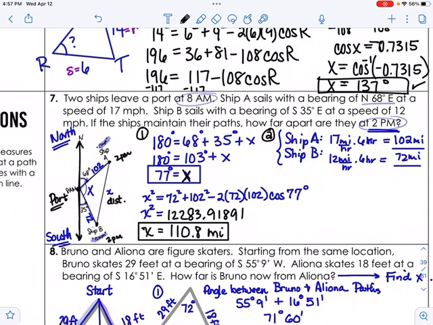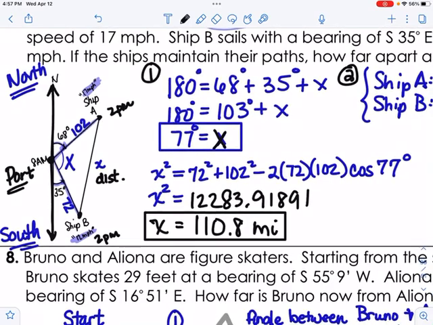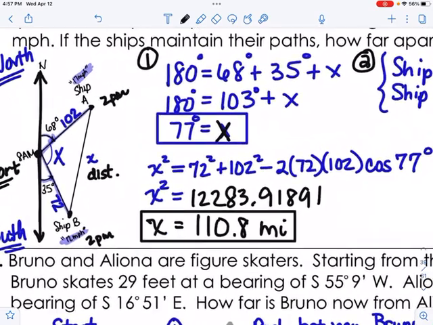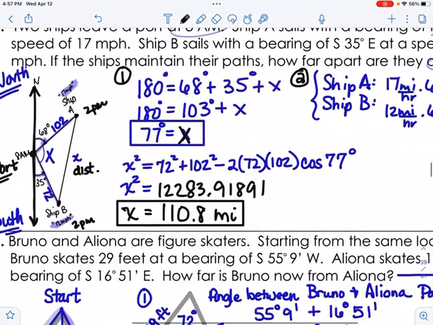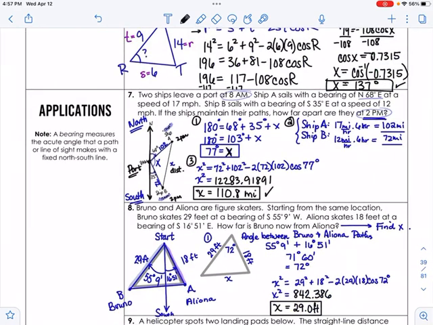So we have 17 miles per hour times 6 hours and 12 miles per hour times 6 hours, respectively, for ship A and ship B's distances. And you can see I've labeled the diagram with 102, and that's in miles, and 72 miles also. Now we have the distances, plug into the formula, and that's our step 3. Okay, we get 110.8 miles, and there's our winner, chicken dinner.